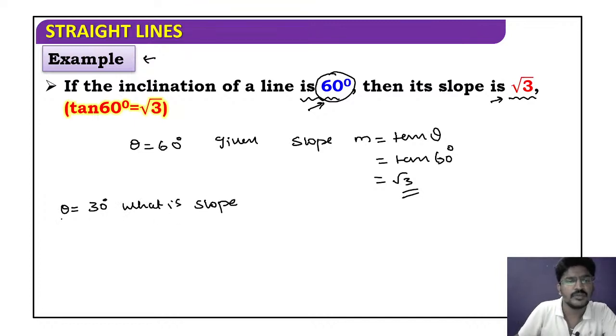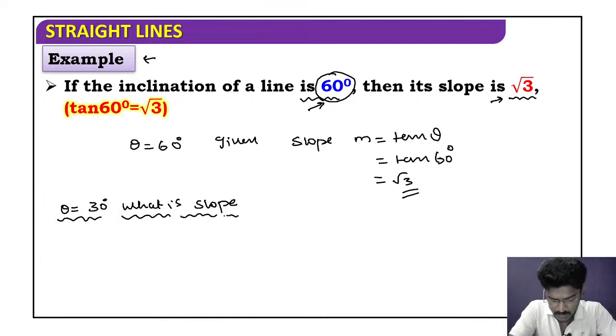Quickly tell me. If theta is 30 degree, what is the slope?